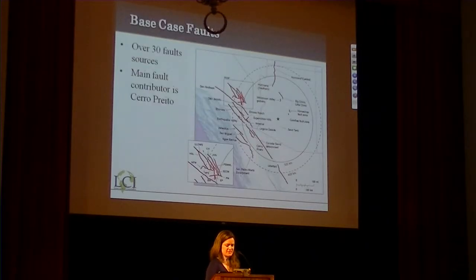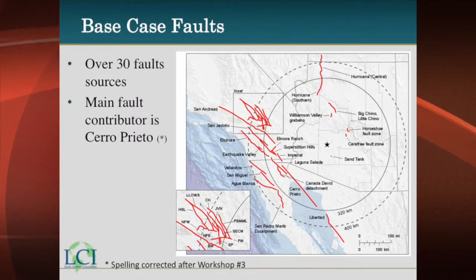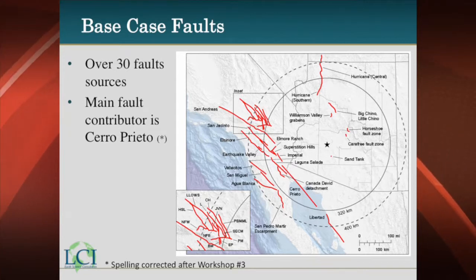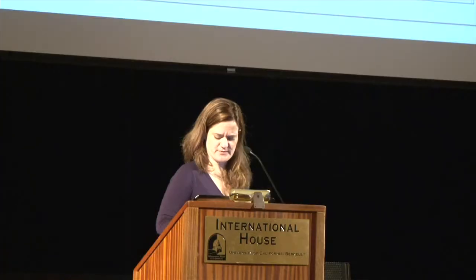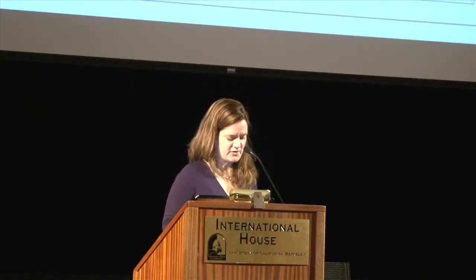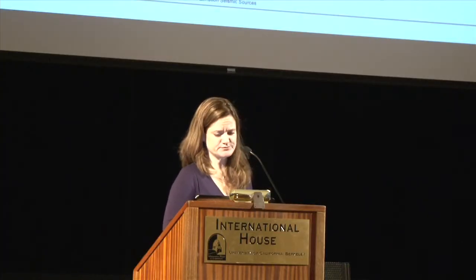So to begin with, for the base case faults, we have 30 faults. You can see that most of the faults are the distant sources. So the faults were actually not included in the near source effects, or within 200 kilometers, I should say. And as I mentioned, the main fault contributor is the Sierra Pareto.